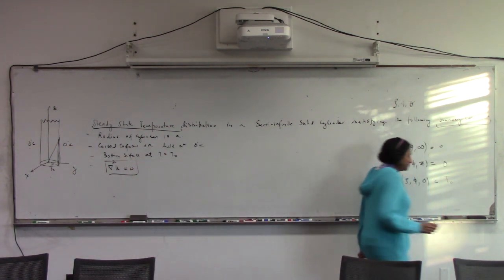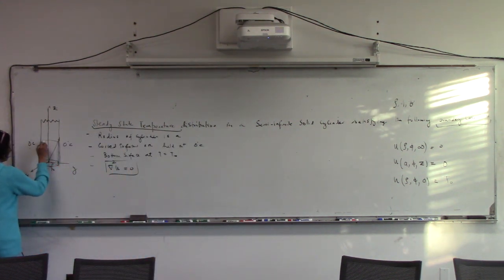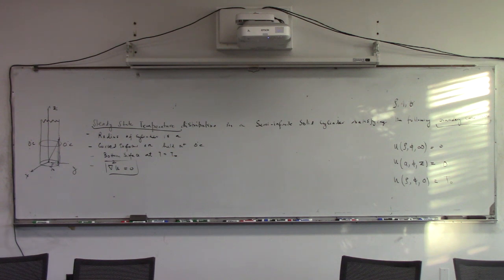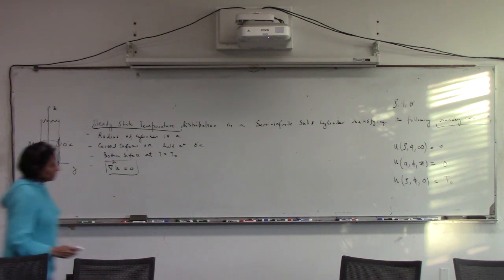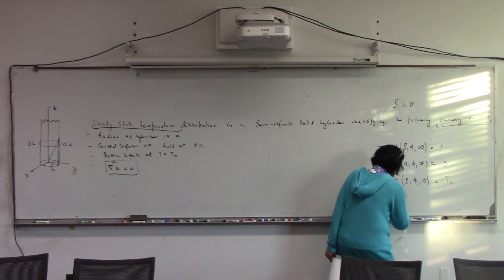So constant temperature. The other thing which we have to realize is this is a cylindrical symmetry. So every cross section, whatever it is, here it's T naught, at z equal to infinity becomes 0, but different in the cross sections. Each cross section will have the same temperature, and the temperature will be symmetric. Okay. So the last boundary condition will be, U represents temperature, right?